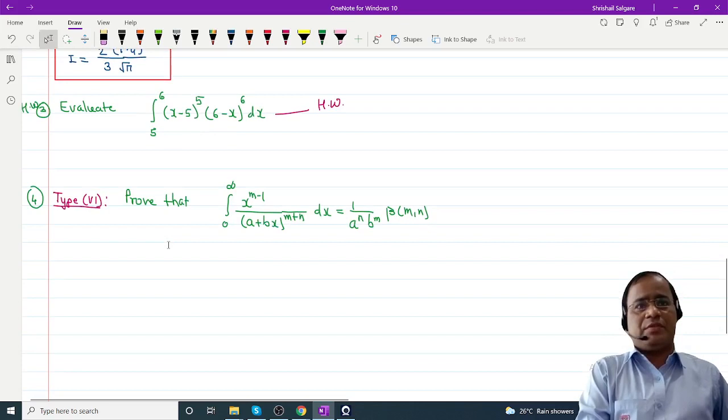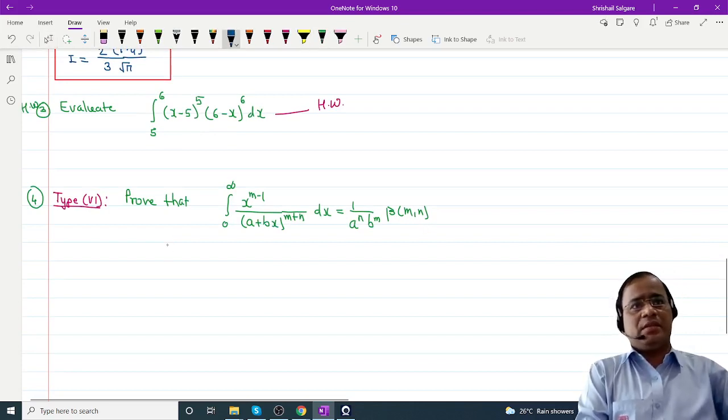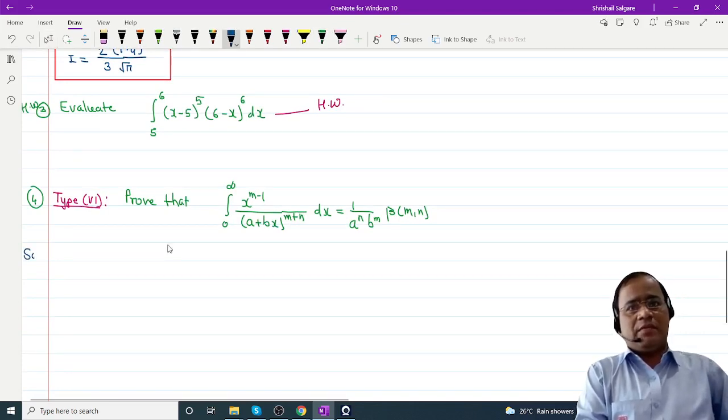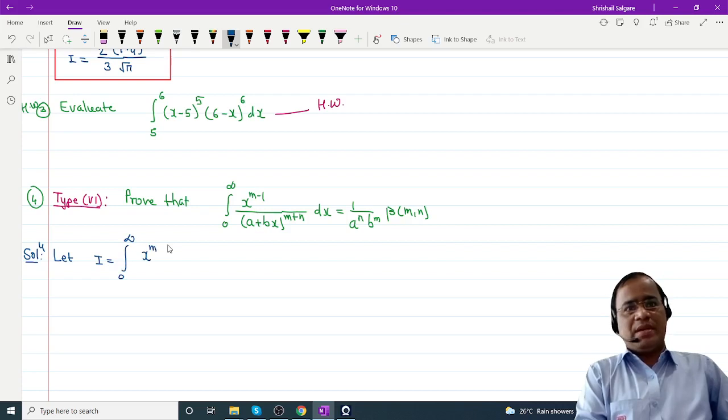If you know the substitution, then you can easily evaluate. So first step, I will call the given integral I. So let I be equal to the integral from 0 to infinity of x raised to m minus 1 divided by a plus bx raised to m plus n into dx.